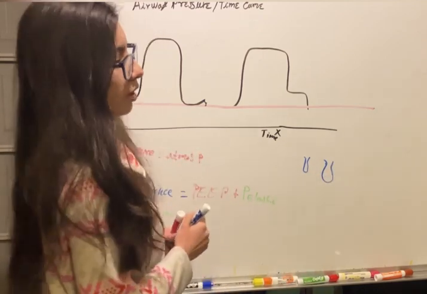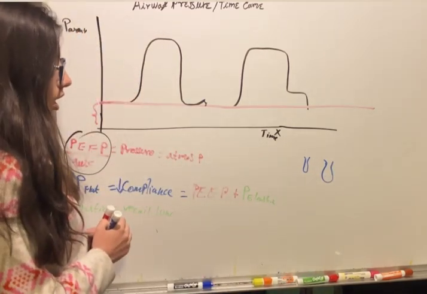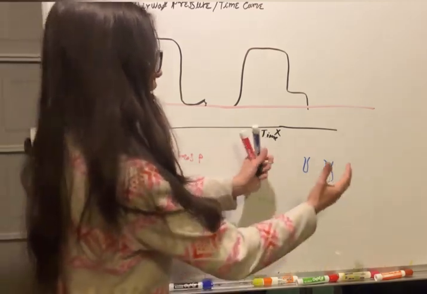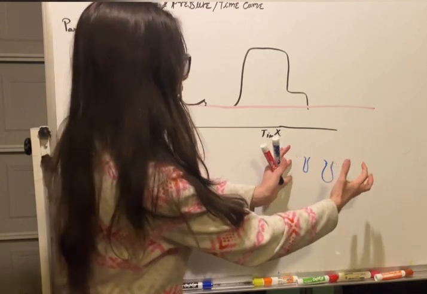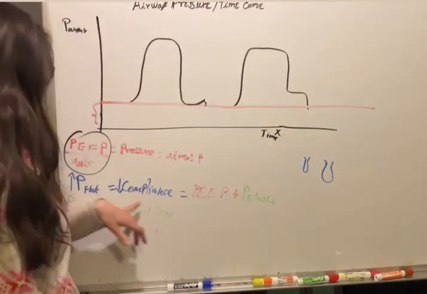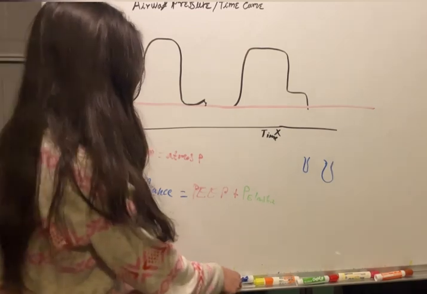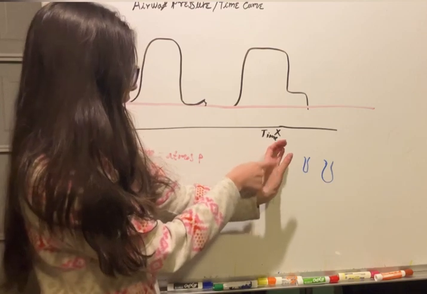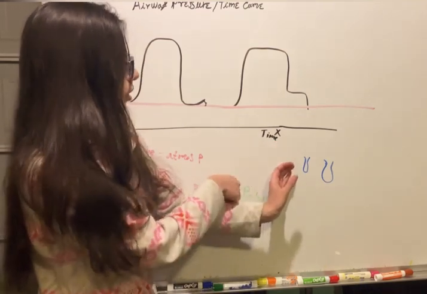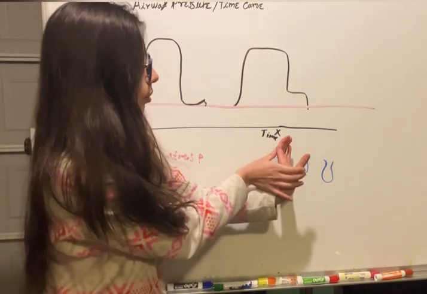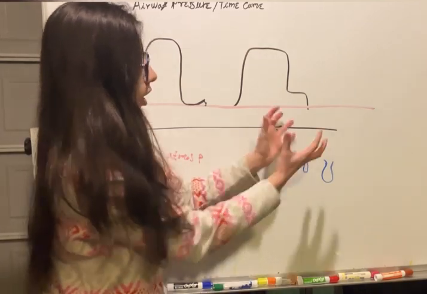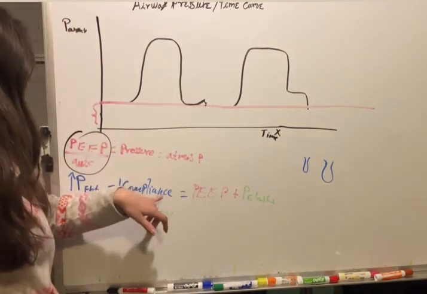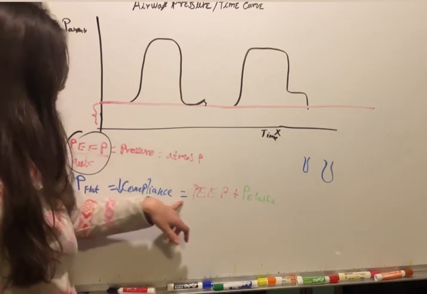So here the positive end-expiratory pressure is higher, and the elastic pressure, how strong is the recoil of the lung as we try to expand it. So the plateau pressure is the positive end-expiratory pressure, the pressure inside the alveoli at the end of expiration, plus the elastic pressure. And the plateau pressure is a surrogate of the compliance.